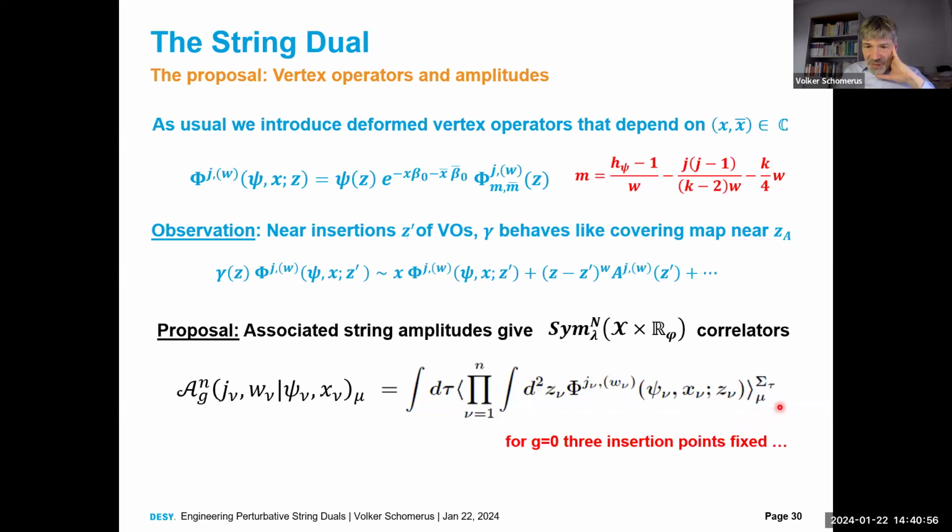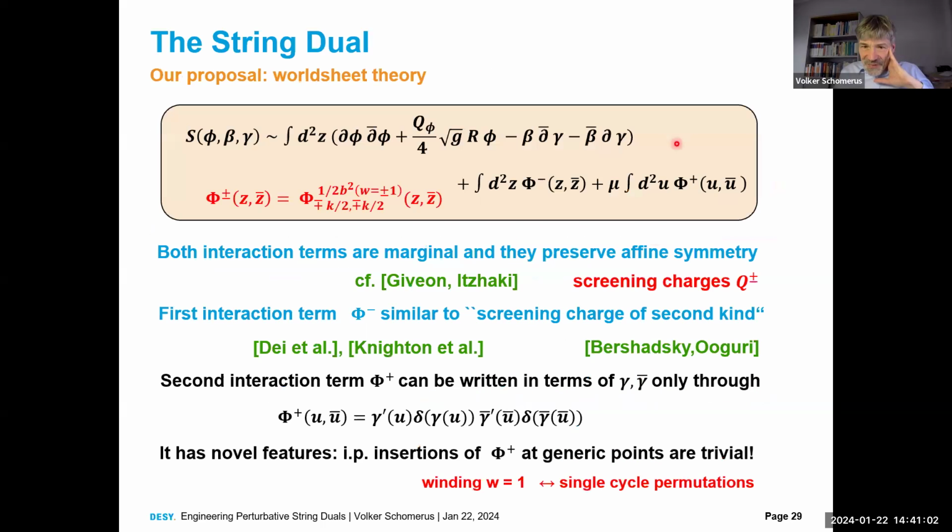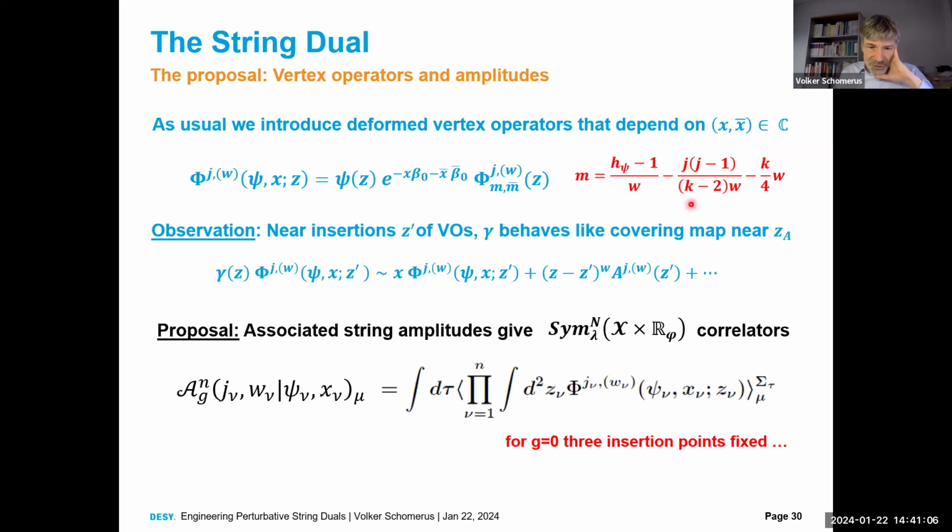And our claim is that these quantities, by construction of these two interaction terms, reproduce order by order in the coupling, with lambda equal to 2 mu squared, and order by order in 1 over n, the symmetric product orbifold correlation functions.